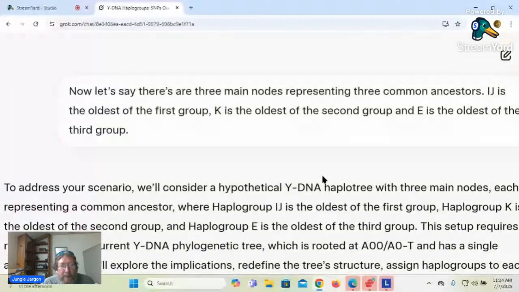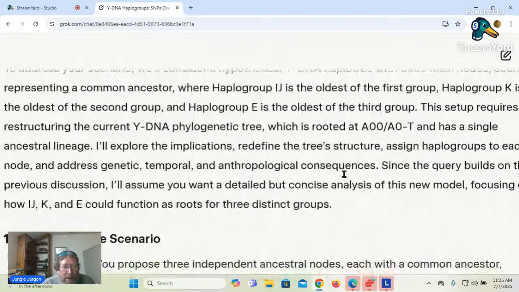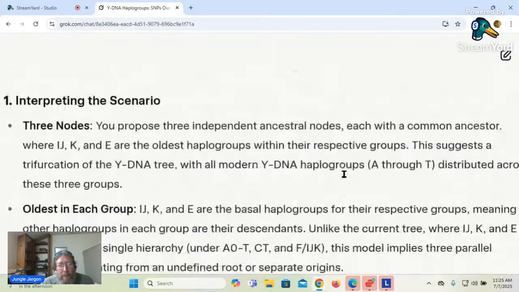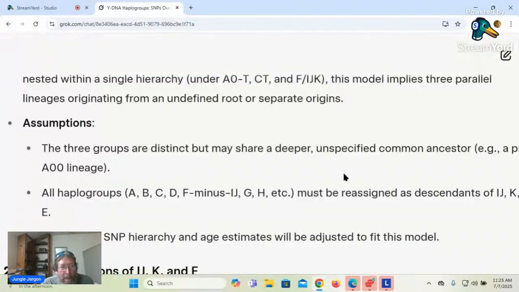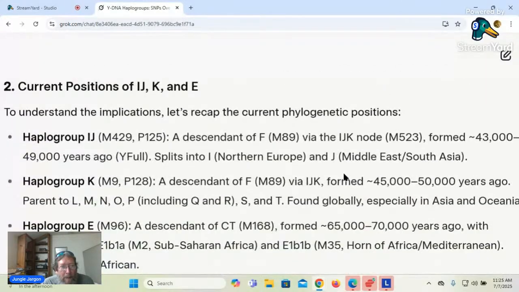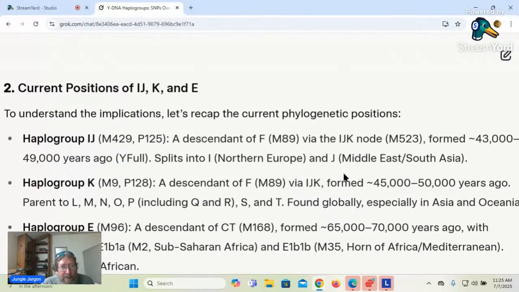Okay, so here we go. Now let's say there are three main nodes representing common ancestors. IJ the oldest. First group, K is the oldest. The second group, E is the oldest of the third group. So now we have three groups rooted in IJ. Current position, IJ.